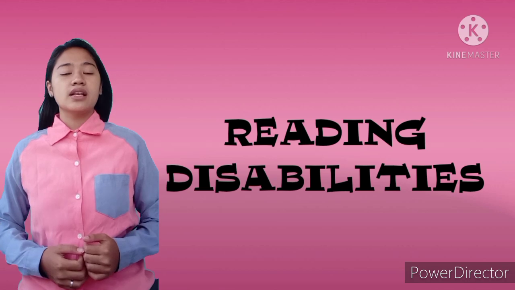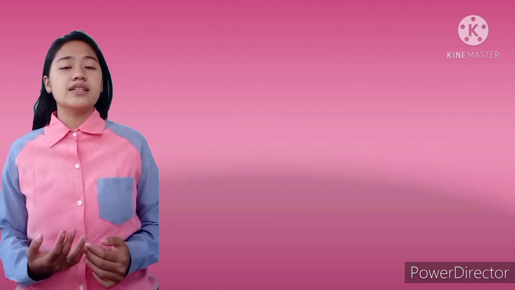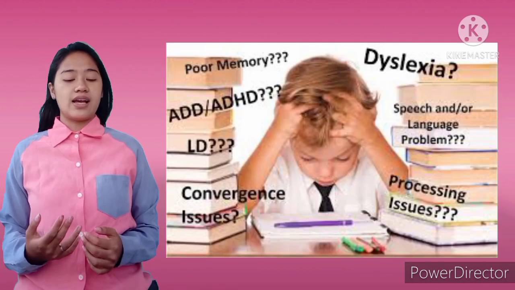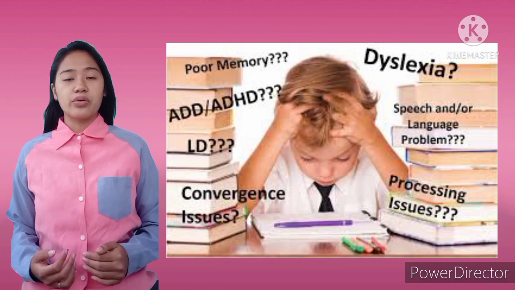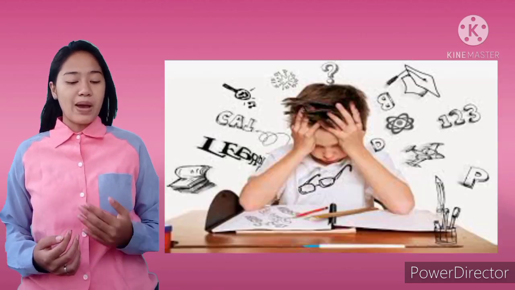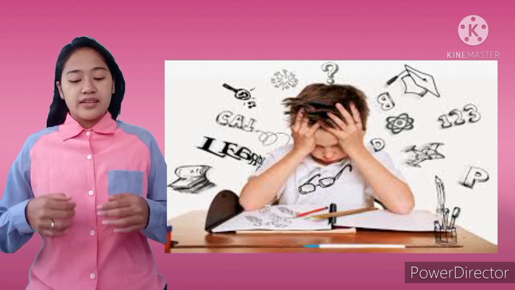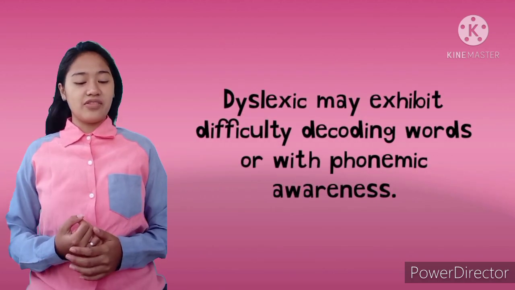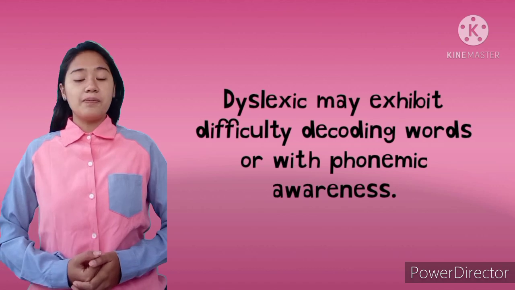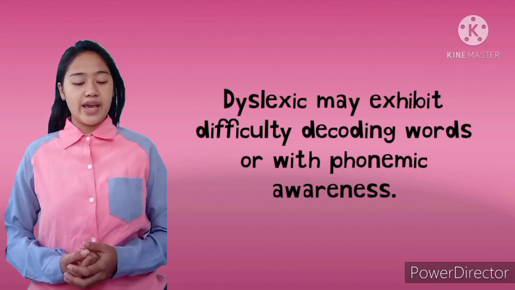The first one is reading disabilities, also known as dyslexia. Dyslexia is a language processing disorder that impacts reading, writing, and comprehension. Dyslexics may exhibit difficulty decoding words or phonemic awareness, so identifying individual sounds within words.